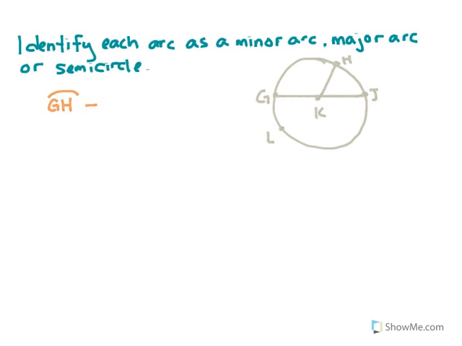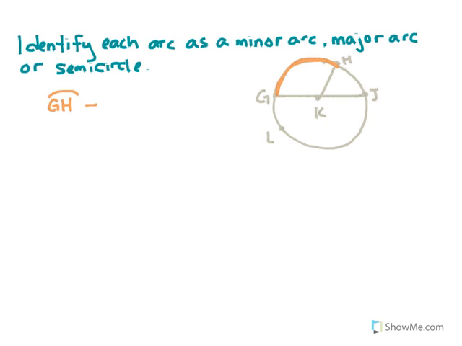So when we take a look at GH, we typically talk about the closest distance between those two letters. So when I look at GH, I would not go in this direction to connect them. That's not the shortest distance to get between G and H. The shortest distance is to go in this direction. So that's the arc that it's talking about.